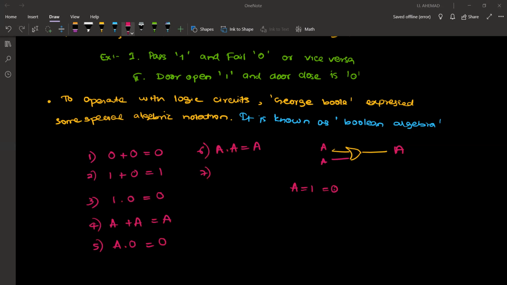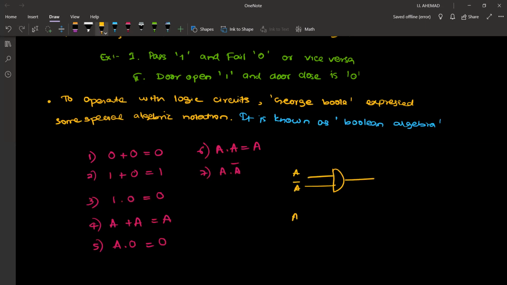Seventh, A dot A bar. Now we are using dot. Dot means it's an AND gate. In an AND gate, we know both of them have to be high. Now this is A and this is A bar.